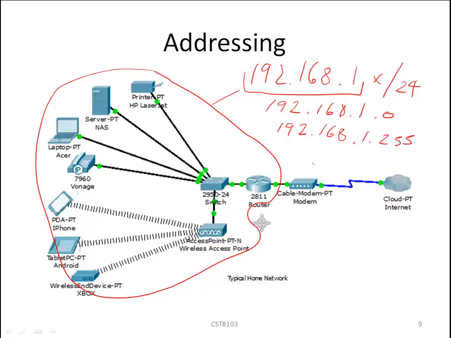And all of your devices will have an IP address that will be in the range .1 to .254. So on your home network, you can have up to 254 addresses. So you have 254 addresses you can allocate. Practically, it doesn't make sense.